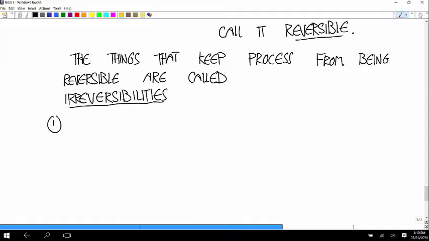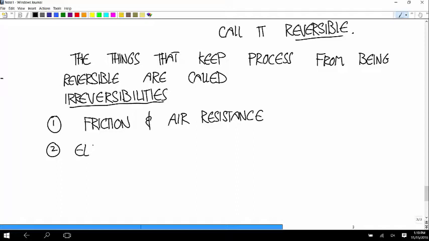The first one, friction and air resistance, I'm going to call that a single category. The second one is electric current through a resistance.